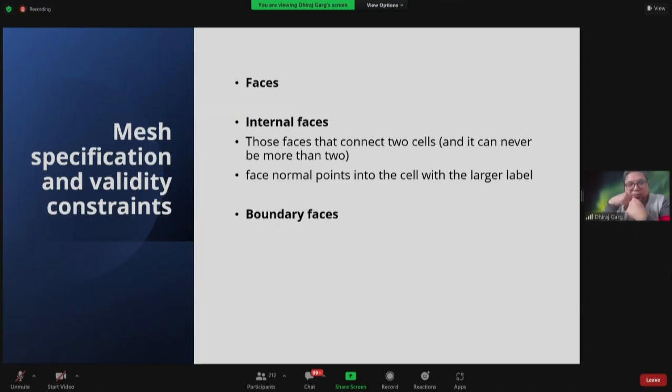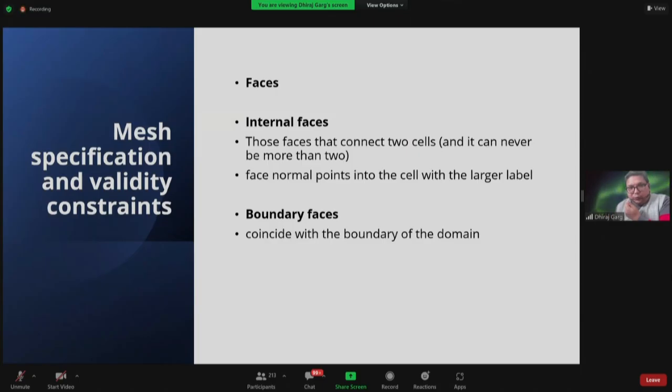Now another type is the boundary face. So an internal face will always see two cells on both sides. It will be a common surface, whereas the boundary faces are the ones which will have only one cell on one side, but on the other side there will be no cell of the same block. There may be another block, but it's not part of the same block, and hence it has to act as a boundary.